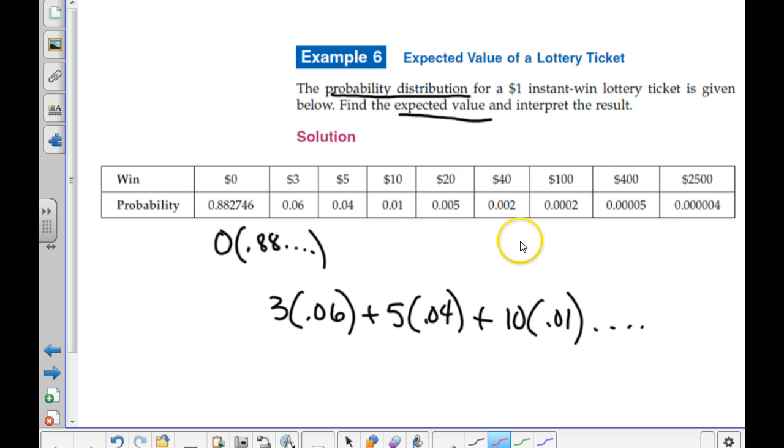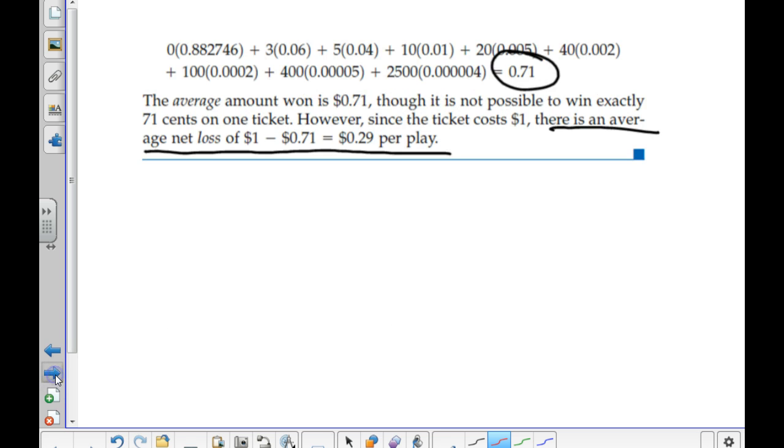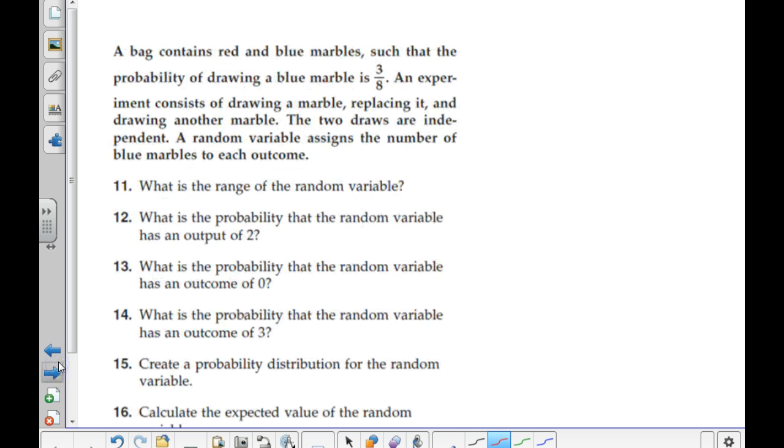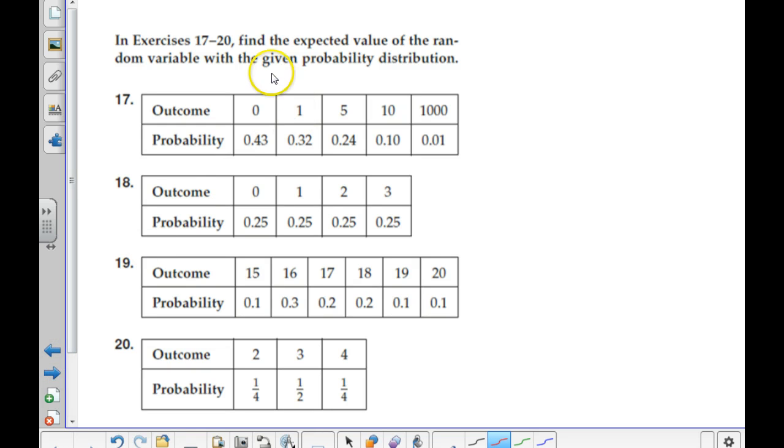Everybody got it? Expected value. So how do you find the expected value on this number 17 here? 0 times 0.3 plus 1 times 0.32 plus 5 times, you get the point, yeah. Okay?